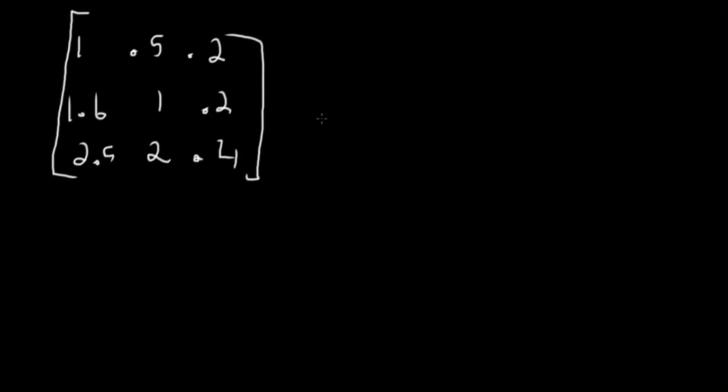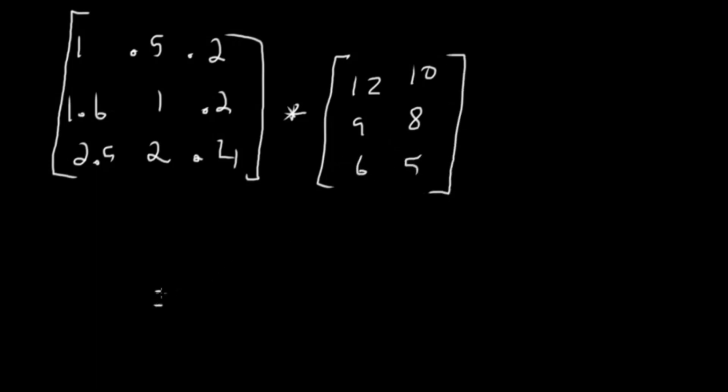All right, let's go ahead and look at that other matrix. We have 12 and 10, 9 and 8, and 6 and 5. And if I want to know every single scenario, each one of these spots can represent one of those scenarios.